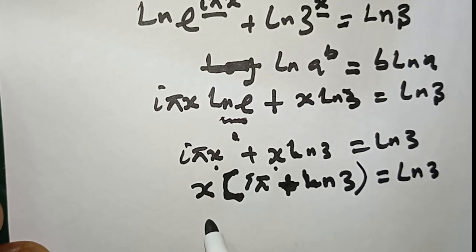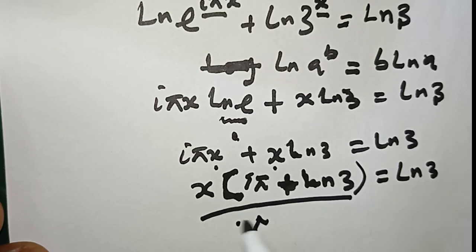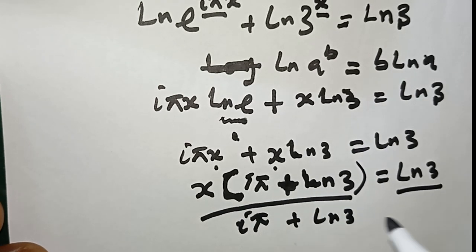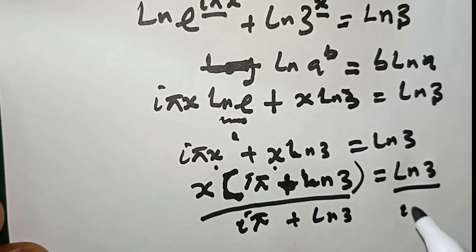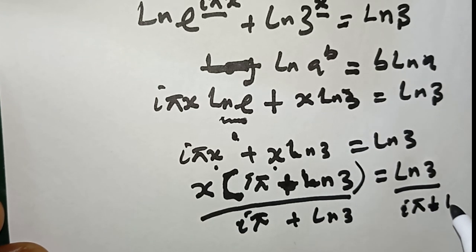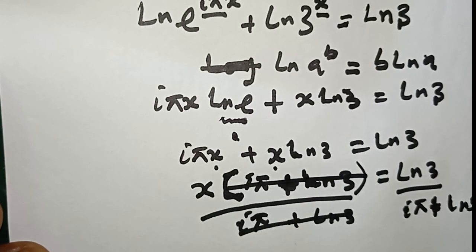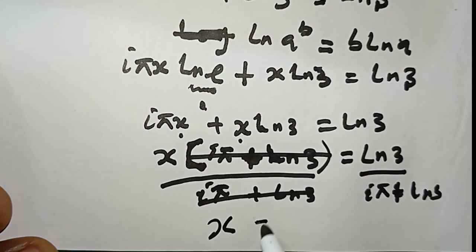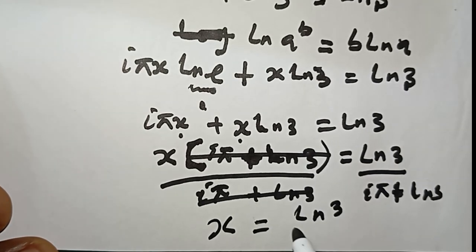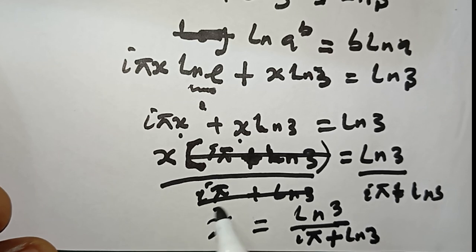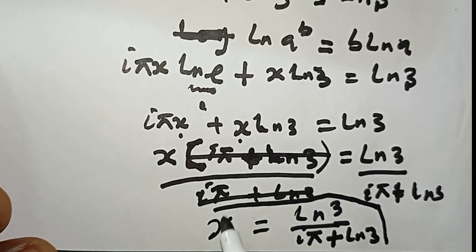At this point it is clear that when we divide through by i pi plus the natural log of 3, we get the value of x. This will cancel this, and eventually x will be equal to the natural log of 3 divided by i pi plus the natural log of 3. And this is going to be the value of x.